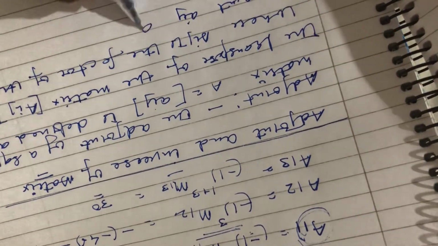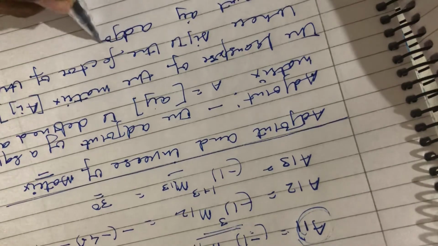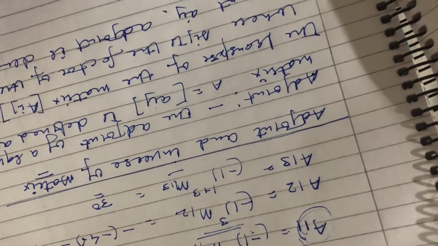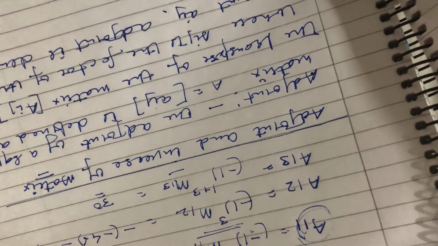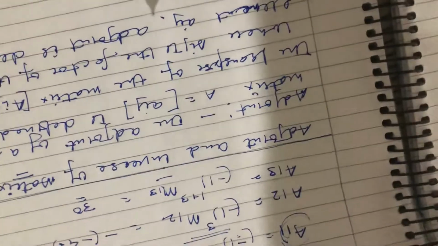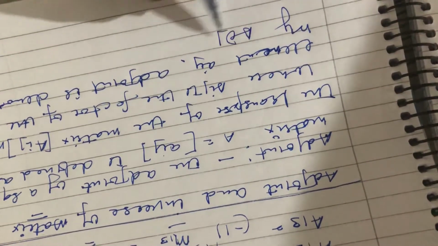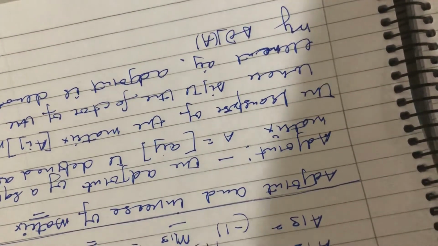Correct? Adjoint is denoted by adjoint of A. Correct? Just take an example.